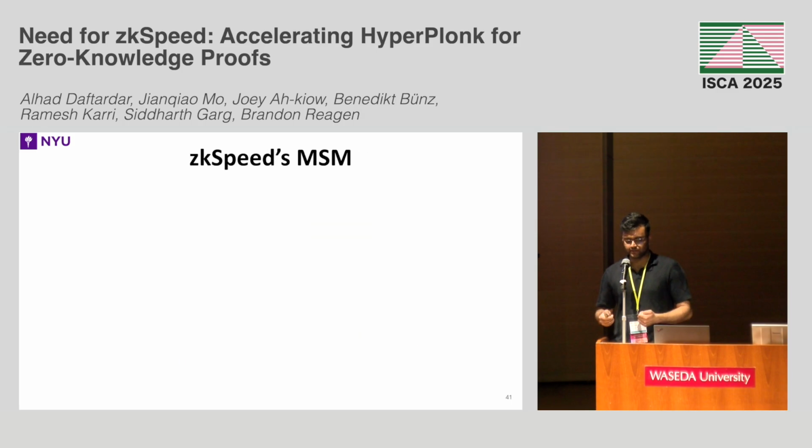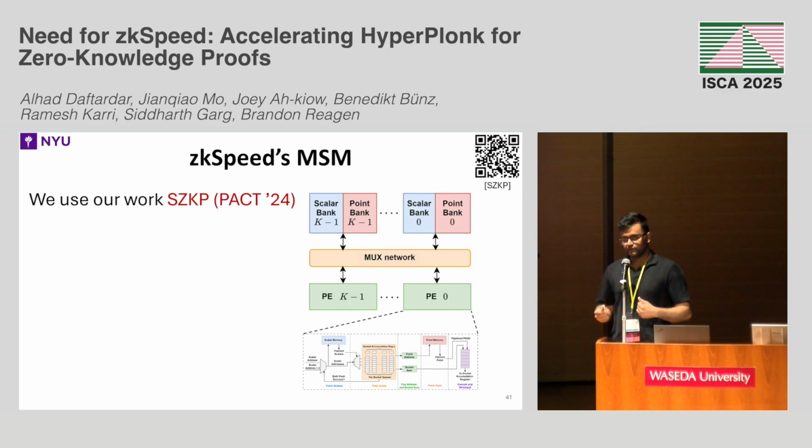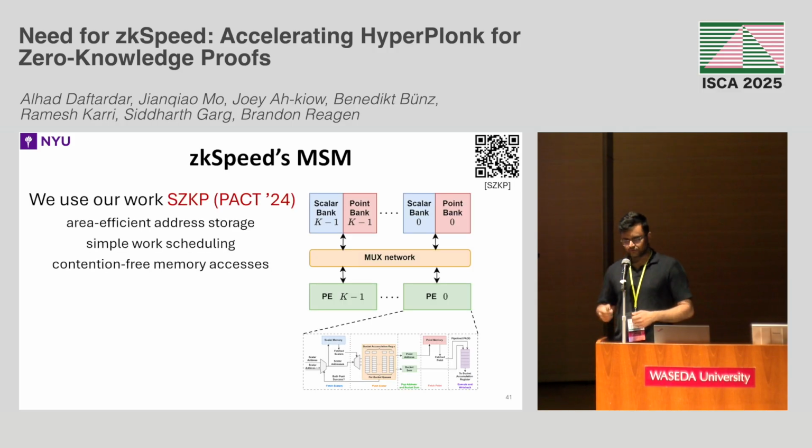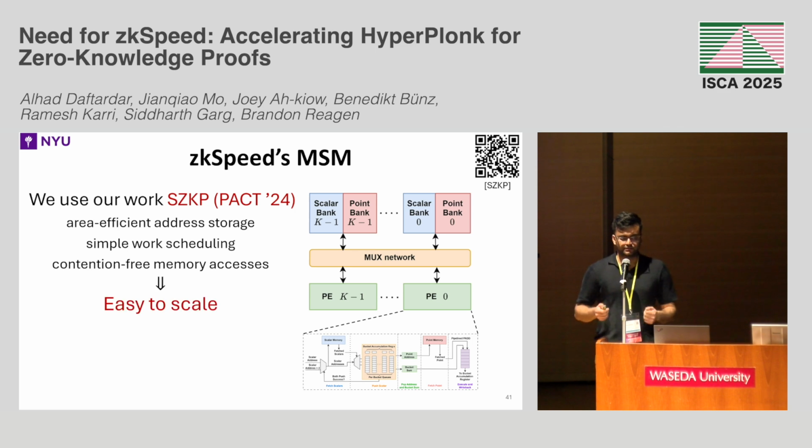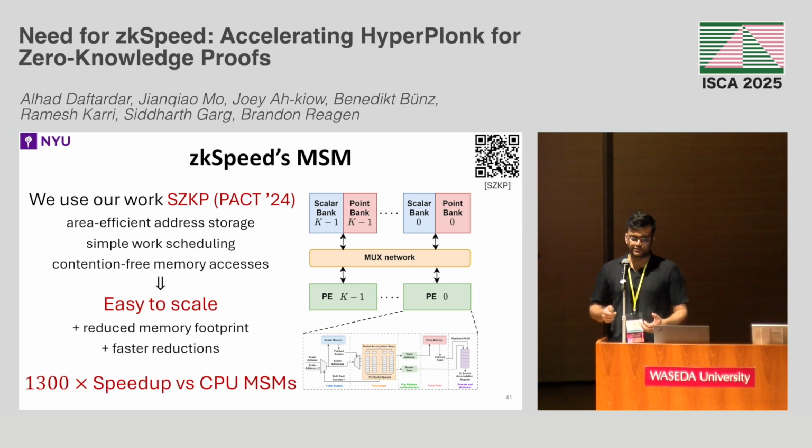In zkSpeed's MSM, we use our prior work from SCKP, which addresses every one of these challenges with area-efficient address storage, simplified work scheduling logic, and contention-free memory accesses, which makes things easy to scale in our algorithm. Additionally, we reduce memory footprints in zkSpeed, as well as speed up some computations, and we achieve roughly 1300x speedup over the CPU's MSMs.